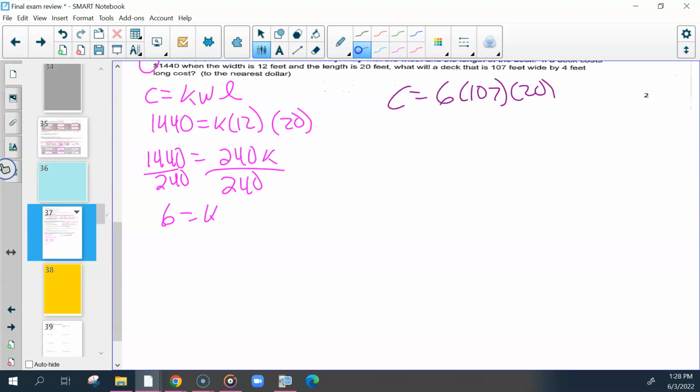Oh, I don't know why 20 was from another one. Not wrong. This was before. That looks right. So this would be $25.68.